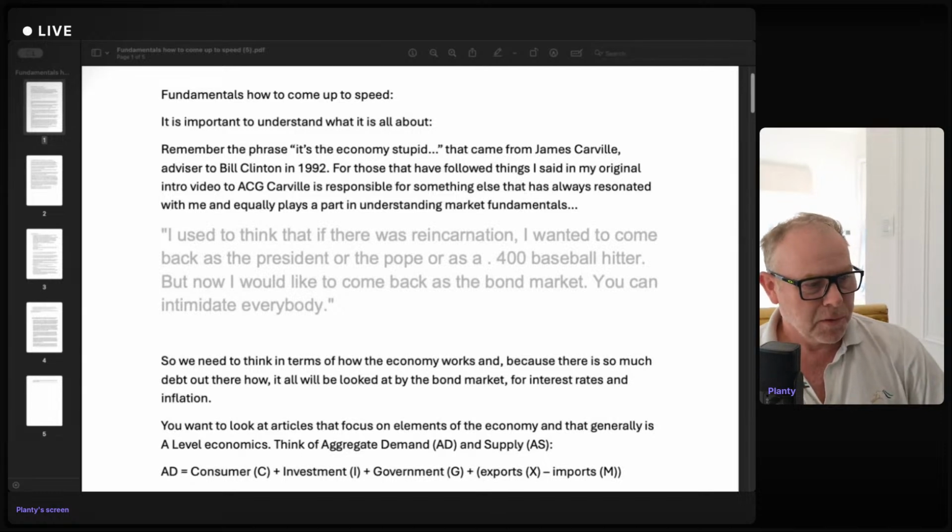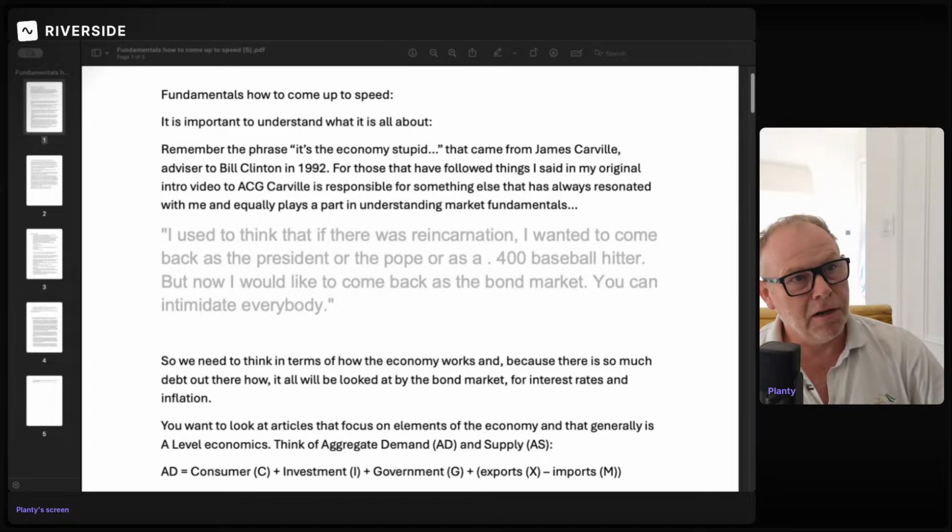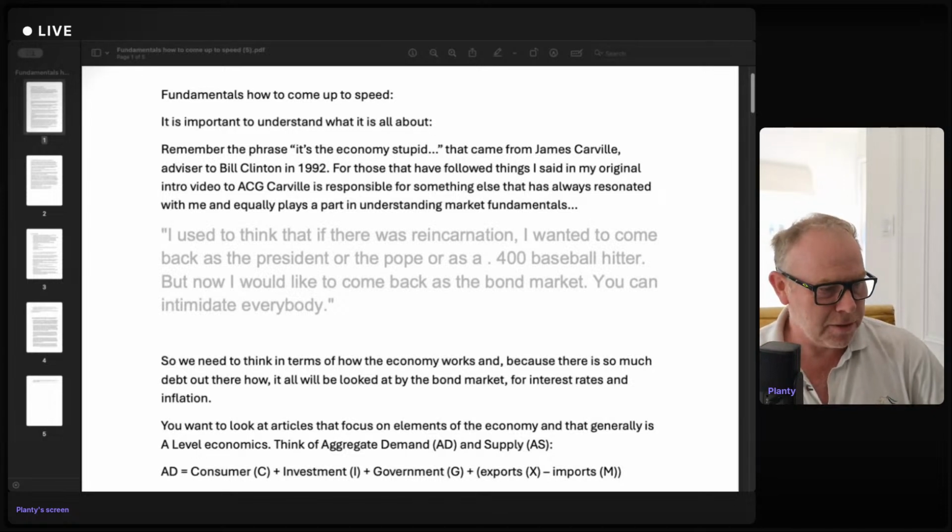But basically, President Clinton and his advisor Carville were worried that they couldn't do what they wanted because the bond market put the price of rates up, made bonds go down, made it very difficult for them to sell bonds to do their spending. So they quickly realised that the bond market is so big that it dictates to everyone.